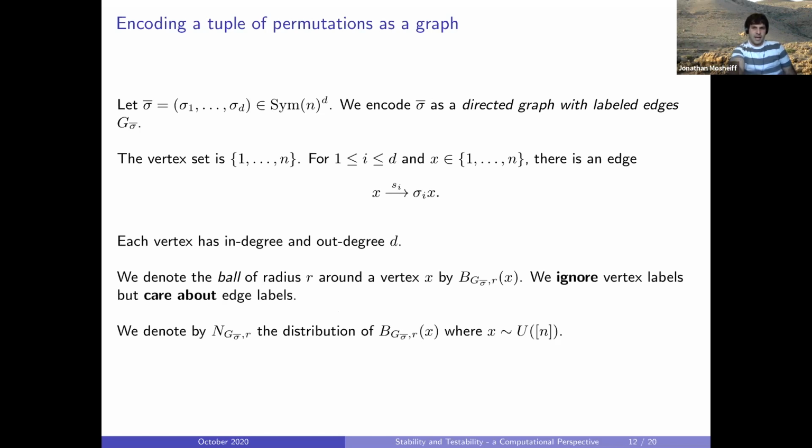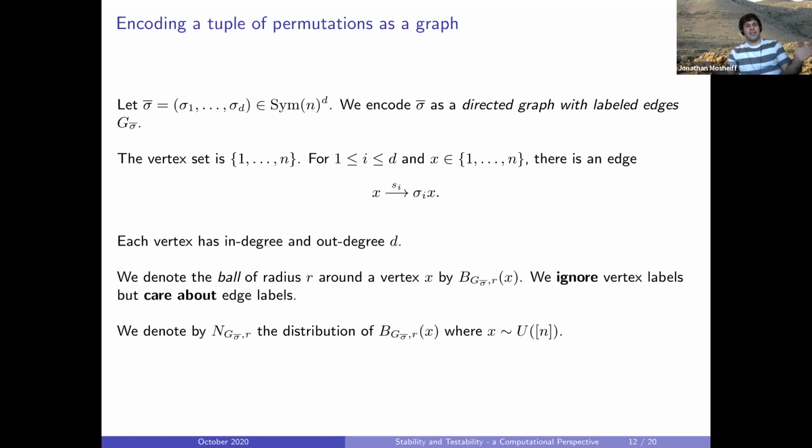Okay. So the one thing we should note here is that because this graph has constant degree, it's only bounded by d. That means that for any constant r, there's only a constant number of different isomorphism classes that a ball can take.